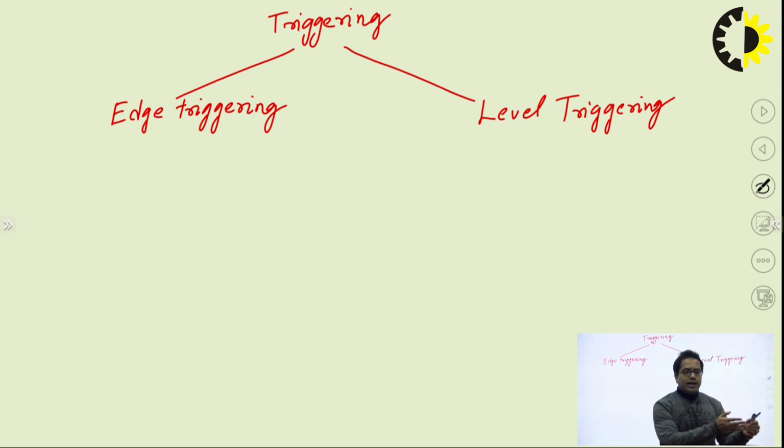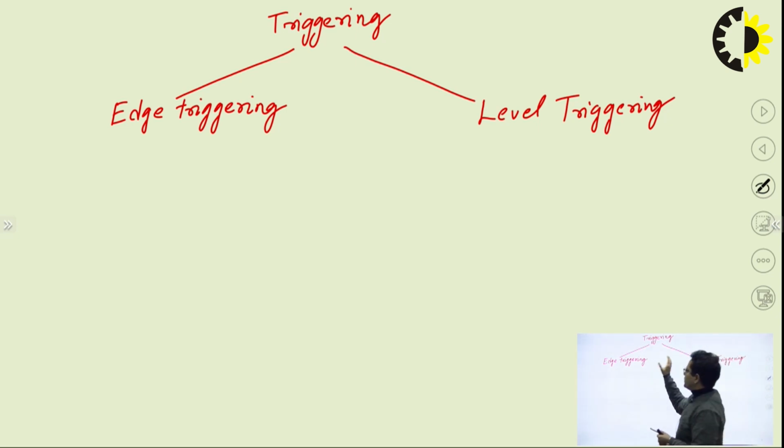Like if you are at present 1, change to 0, or if you are at present 0, change to 1, because the machine also understands everything in the form of binaries. So that is the purpose of triggering. A clock is used to tell the processor or machine to change its state. If you are not giving a clock, it will not change its state, it will remain in its past state. That is the purpose of any clock, and that is why we require triggering.